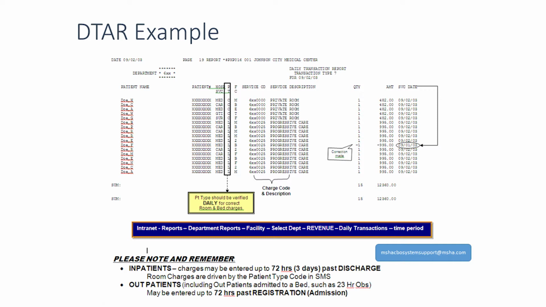Each department manager should go in each day to look at the charges that were loaded the day before, and then make note of any incorrect information and send that over to make sure that we're charging the correct patients, all of the patients, and not charging anything that's inappropriate.